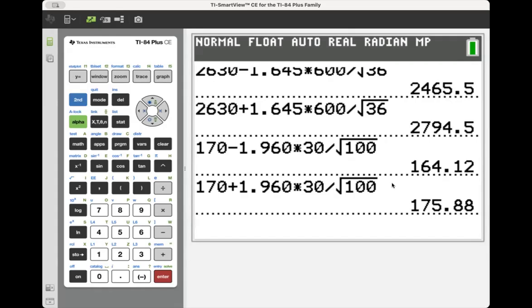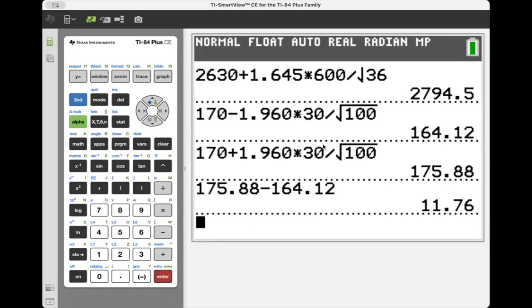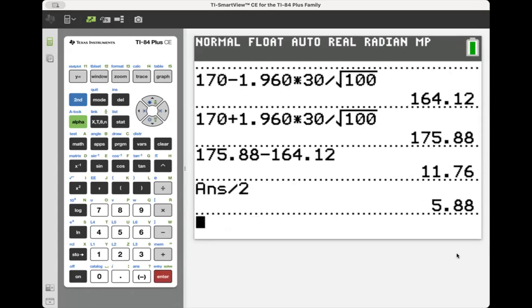We're going to take the high end of the confidence interval, the upper limit, subtract the lower limit, get an answer, and then divide that answer by 2. So our margin of error is plus or minus 5.88 months.